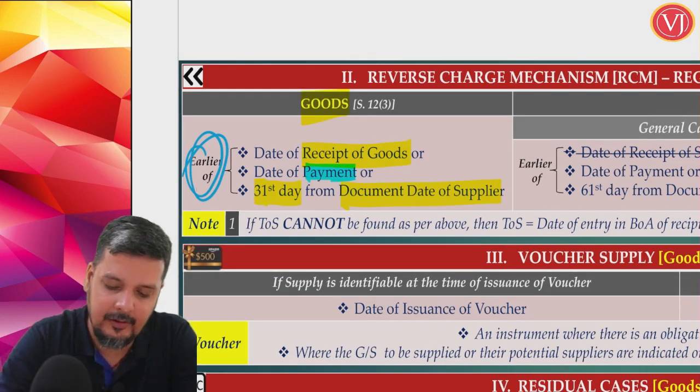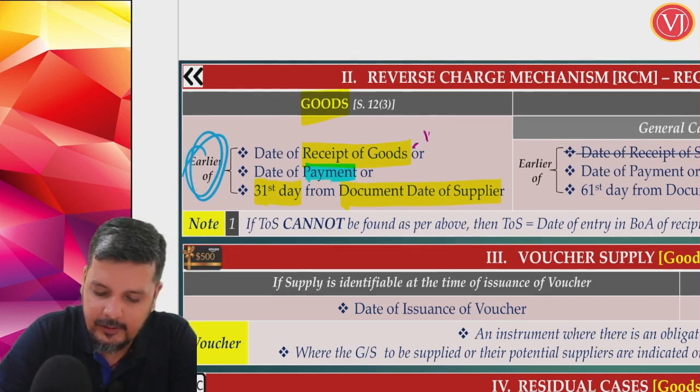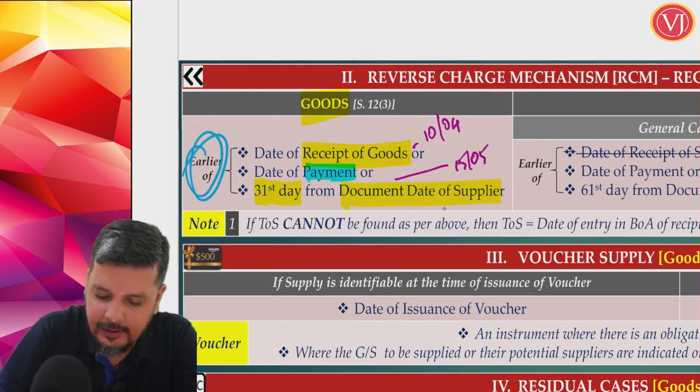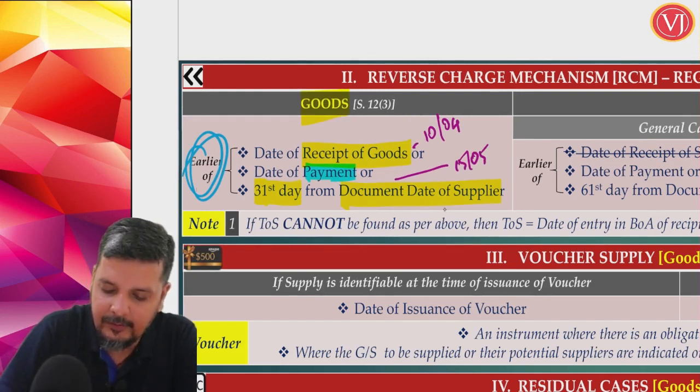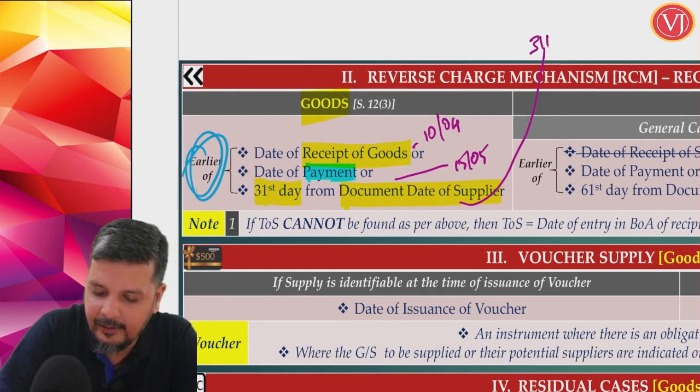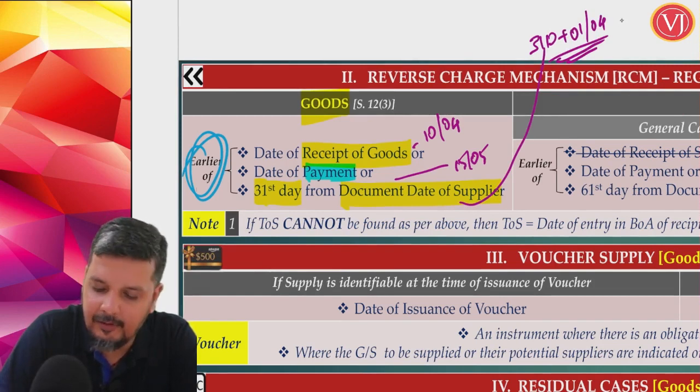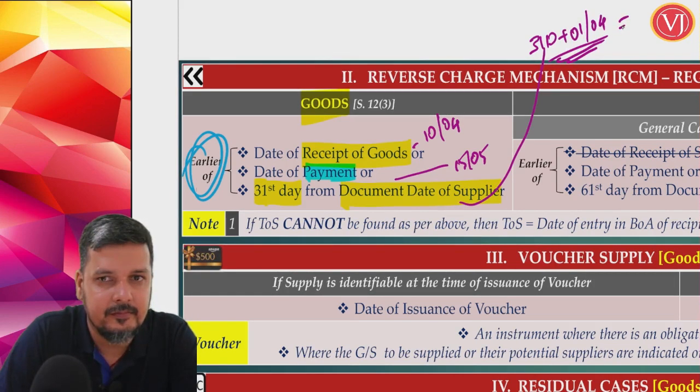Suppose the date of receipt of goods is 10th April, the payment is made on 15th May, and 31 days from the invoice of the supplier. The invoice of the supplier is dated 1st April. 31 days from the invoice of the supplier will be what date?